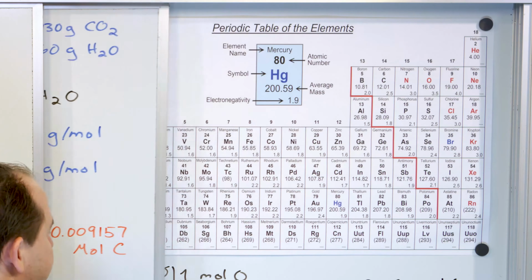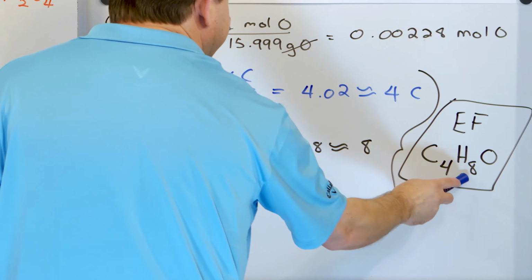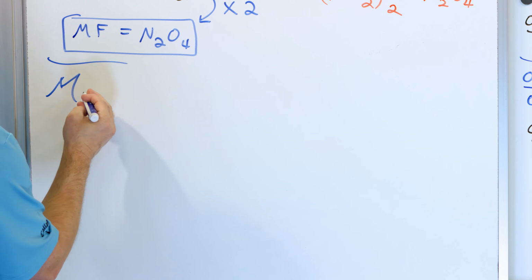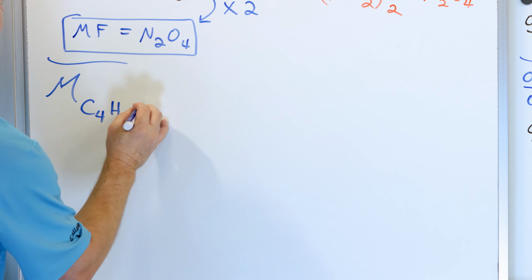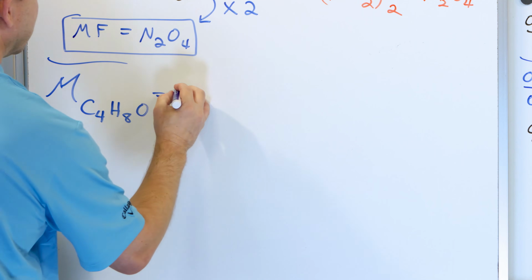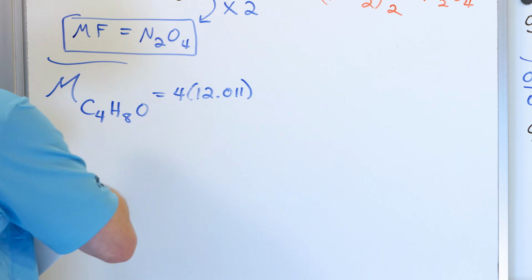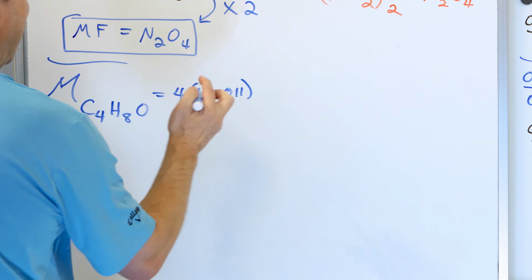But now we know what the empirical formula is. So let's figure out what the molar mass of this thing is and then take the ratio of it. So the molar mass of C4H8O, what is it? It's 4 carbons, 4 times 12.011.